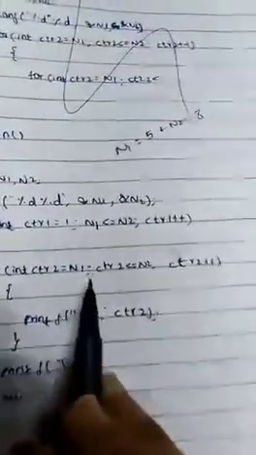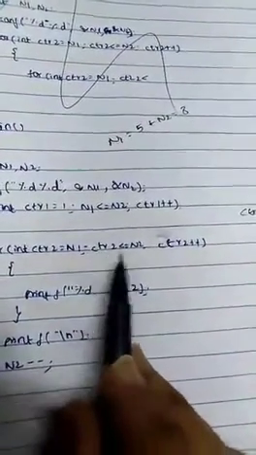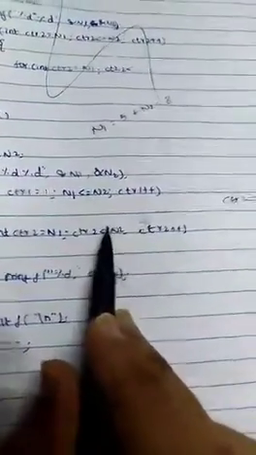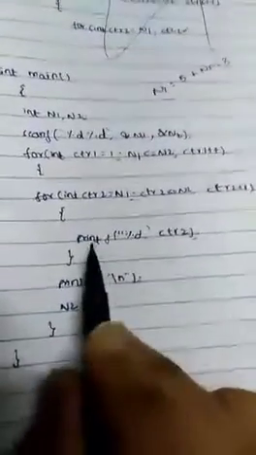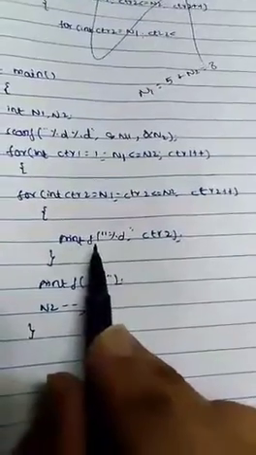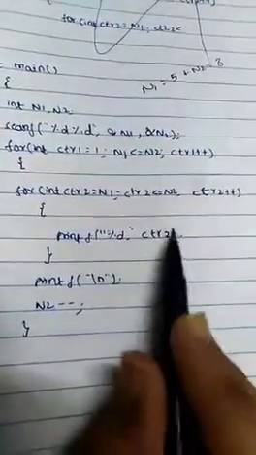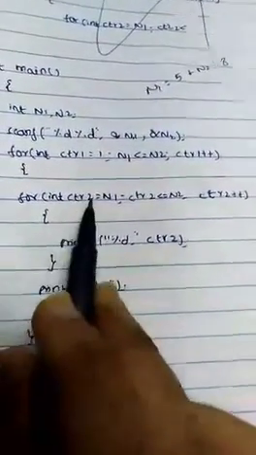Then he's given the condition ctr2 is less than or equal to n2. So ctr2 is 5, n2 is 8. So 5 is less than 8. Condition is true. Then you come into this loop. You printf %d ctr2. ctr2 value was n1. n1 was 5. So first 5 gets printed over here. Okay.